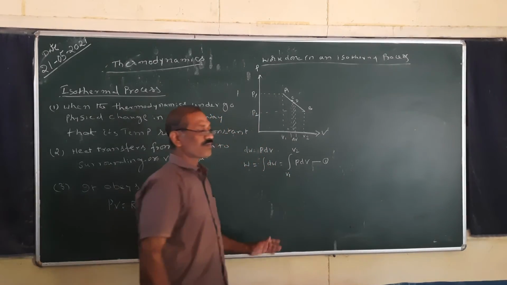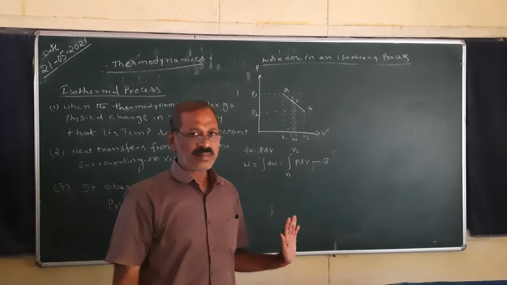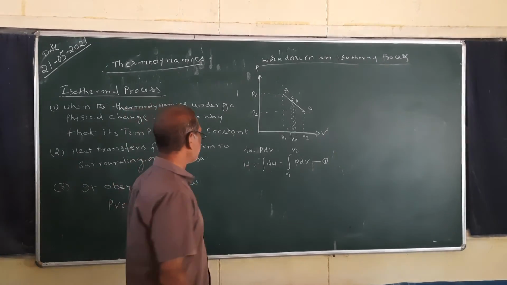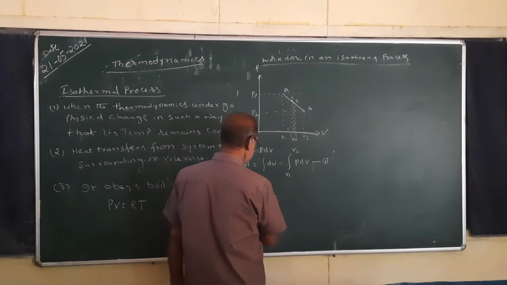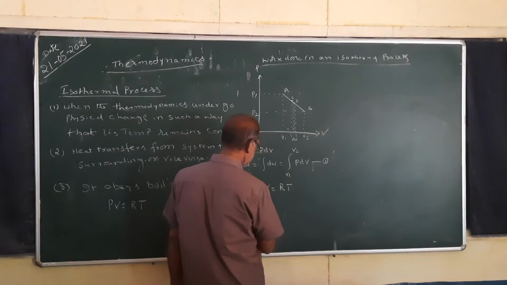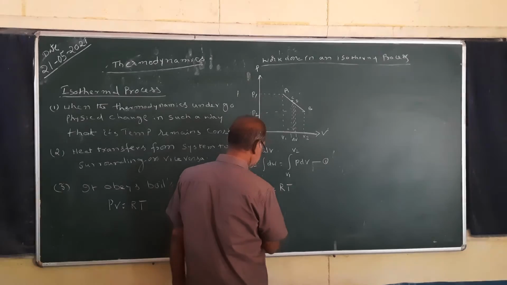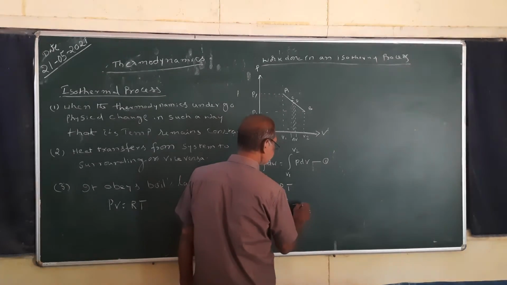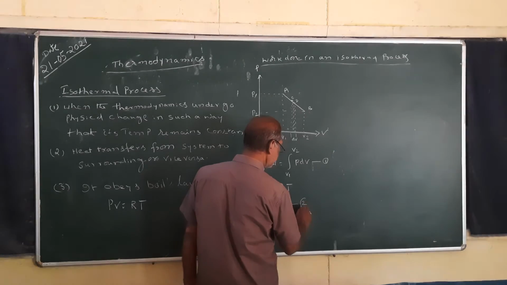Next, the isothermal process obeys Boyle's law. Boyle's law means PV is equal to RT, so P is equal to RT by V. This is equation 2.